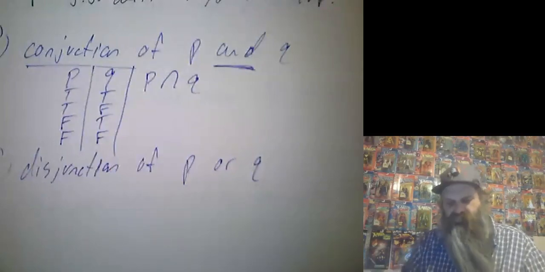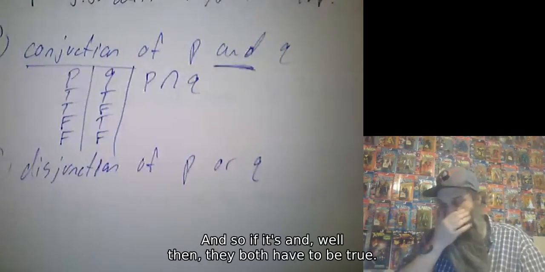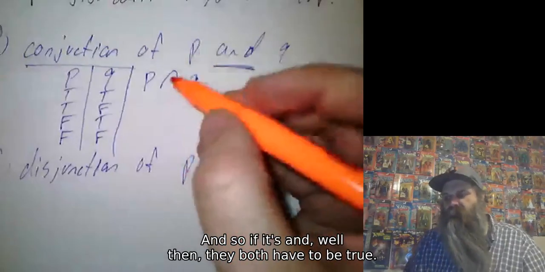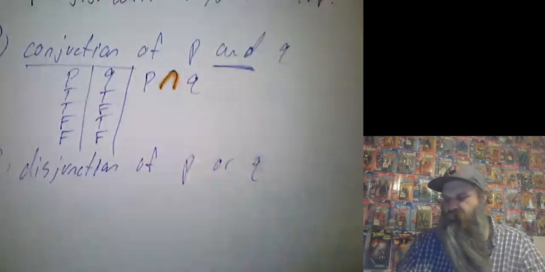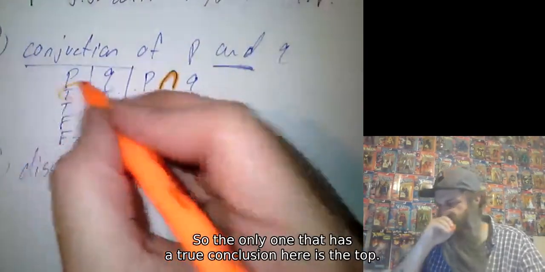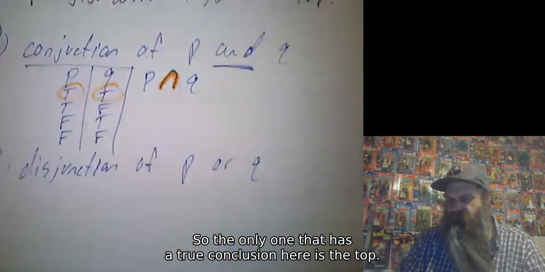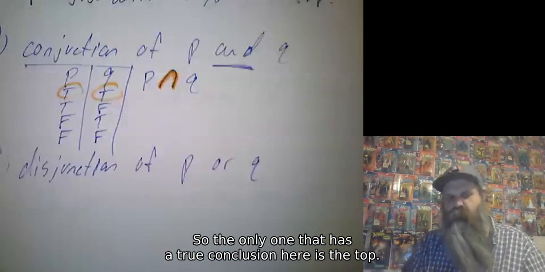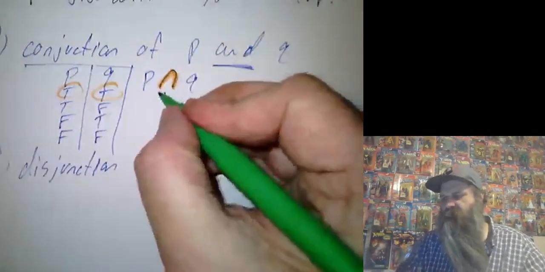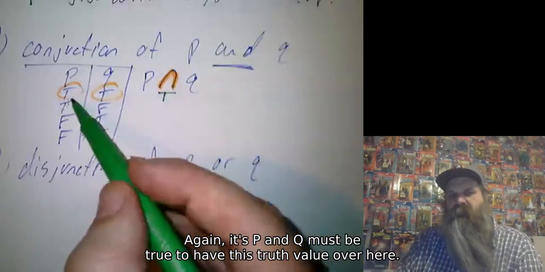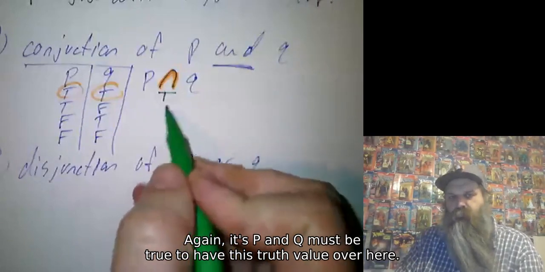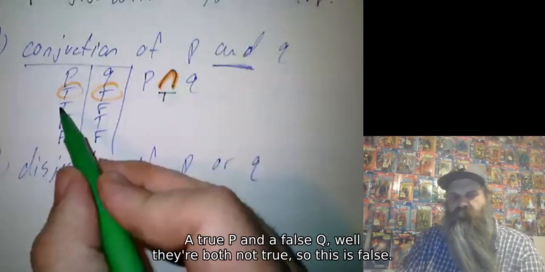It's all combinations. And so if it's and, well then they both have to be true. So the only one that has a true conclusion here is the top. Again, it's P and Q must be true to have this truth value over here.